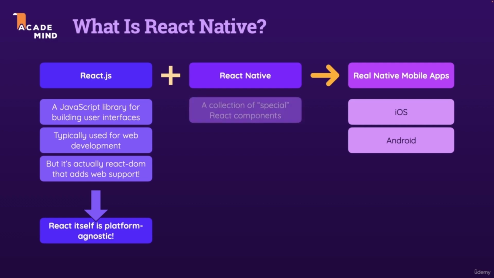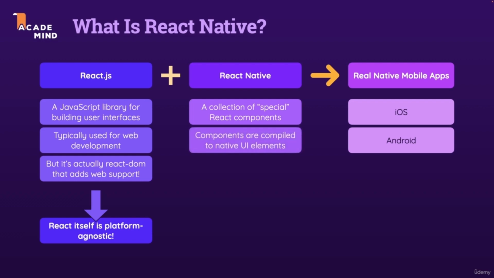React Native gives you a collection of special React components which you can use in your JSX code. So React Native ships with built-in components you can use. And those components are then compiled to native UI elements for the iOS and Android platforms. And React Native will also take care about this compilation step.